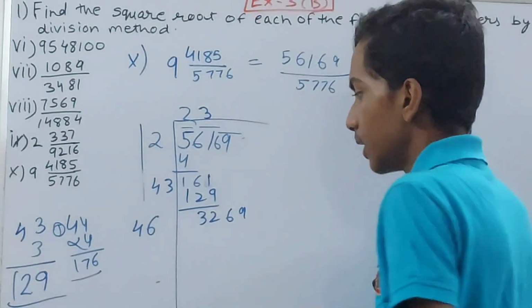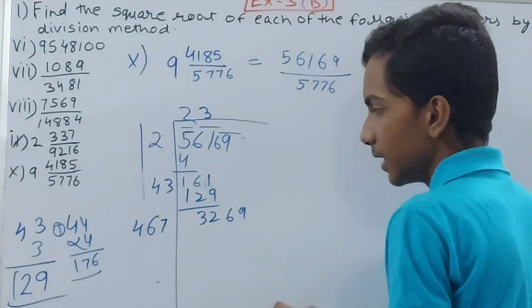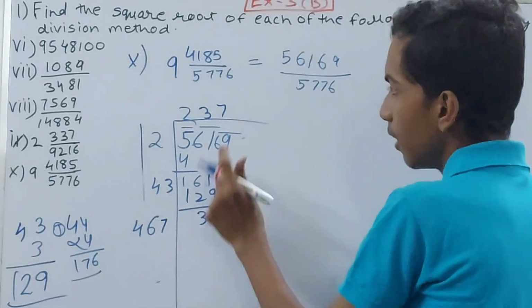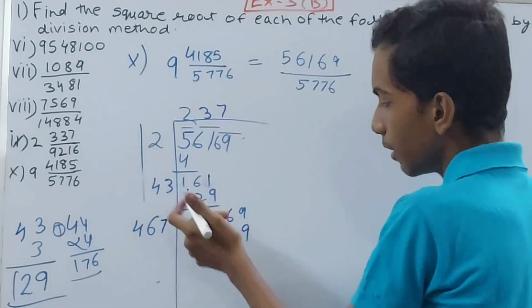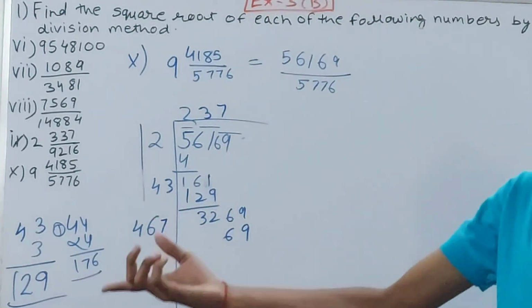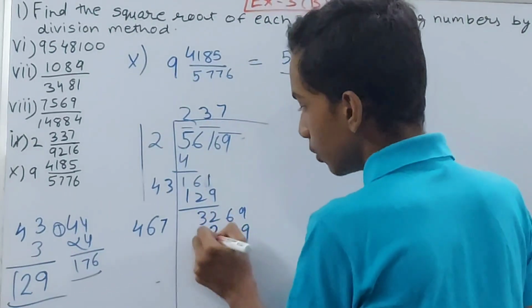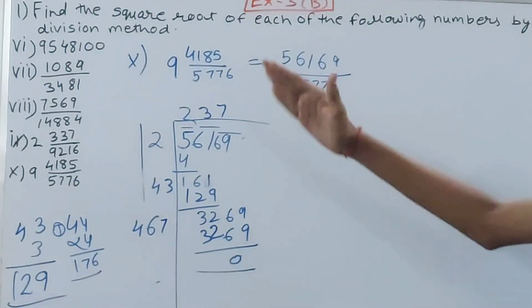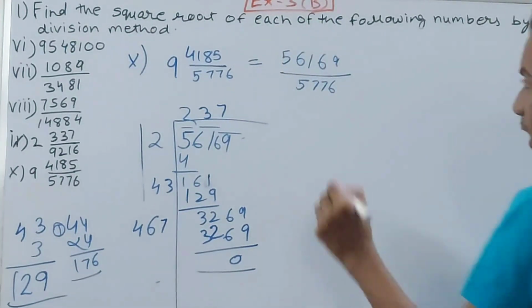Let's see, this will go by 7 because again 9 is there. So 7, let's see, 7 into 7, 49, 4 carried over, 7 into 6, 42, and 4, 46, and 4, 7 into 4 is 28, and 4 is 32. So 3249 will cut it. 237 over here.